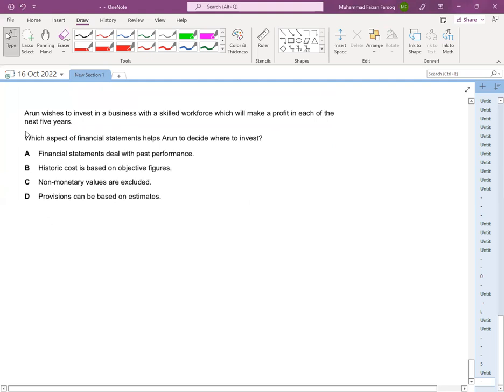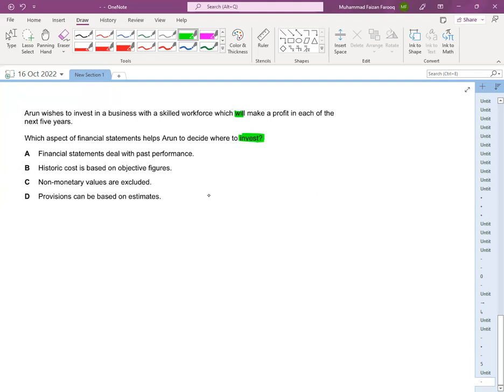Then the next question, Arun. Arun wishes to invest in a business with a skilled workforce, which will make profit in each of the next 5 years. Which aspect of financial statements helps Arun to decide whether to invest, where to invest?